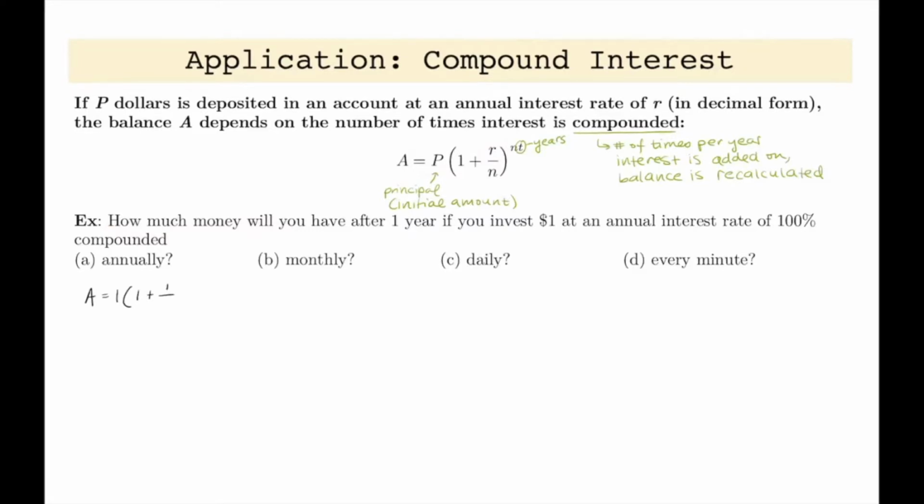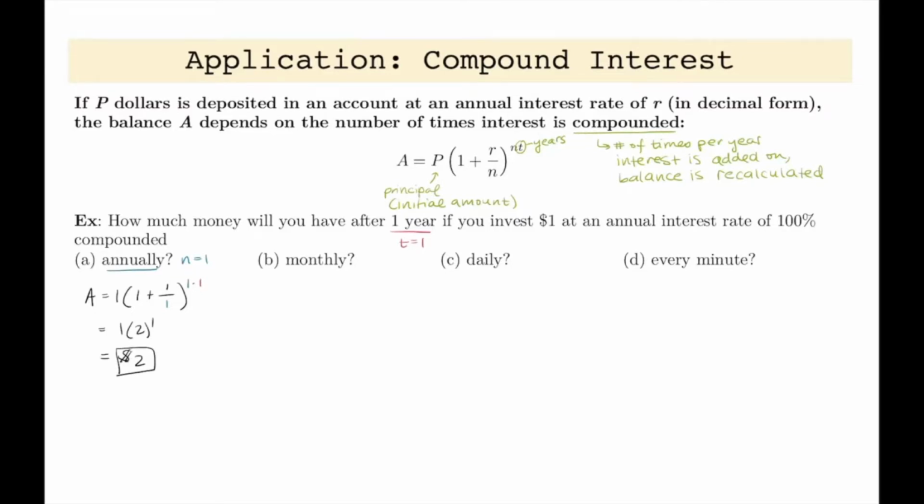If it's annual, this means that N is equal to 1, so we'll put a 1 in place of N. And we're doing this for 1 year, so T is equal to 1 in all of these examples. So we get 1 times 1 in the exponent. Inside the parentheses, we have 1 plus 1, which is 2. 1 times 2 to the first, so that's $2. That's how much we would have if it was compounded annually. Makes sense: 100% means we'll double our $1.